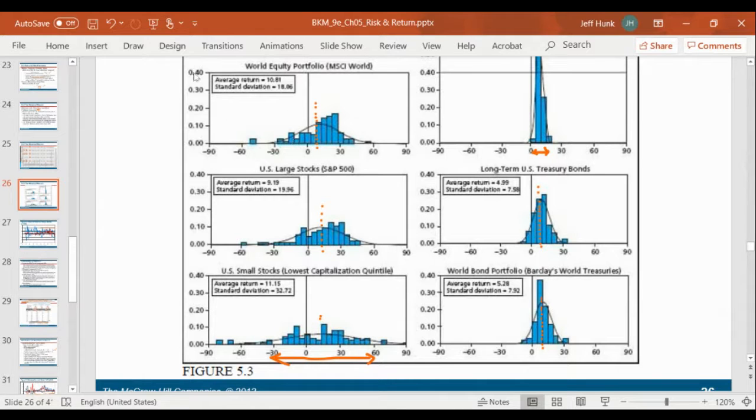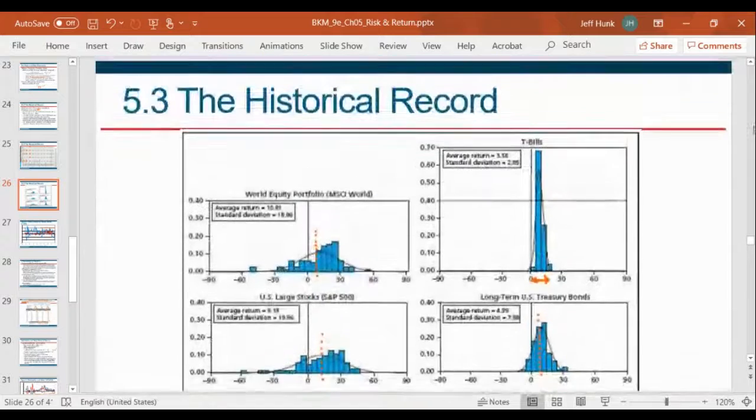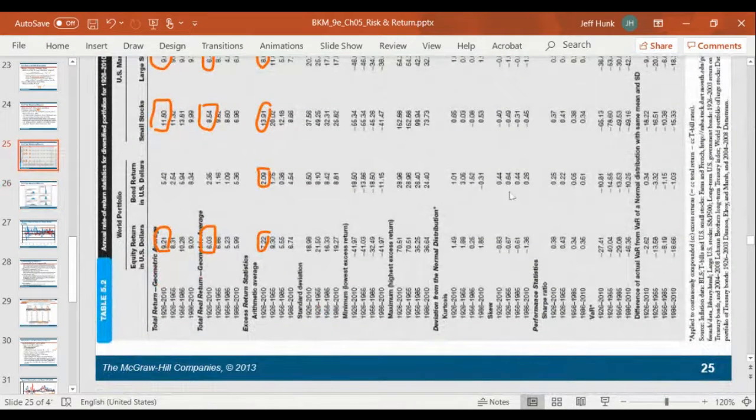What was the mean for U.S. small cap? Yeah, 11.980, something like that.